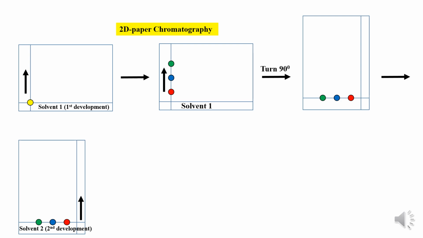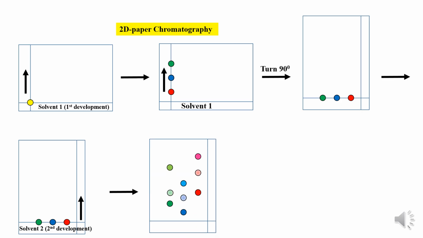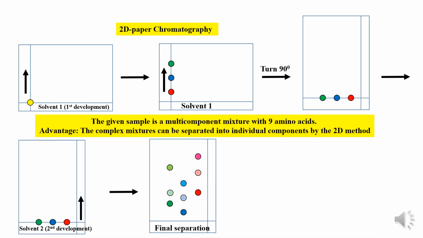And remember, the arrow indicates the direction of development. After the separation is done, we see that these 3 spots again get separated into 3 individual components. And this will be the final separation. So finally, we see that the given sample is a multi-component mixture comprising 9 amino acids.